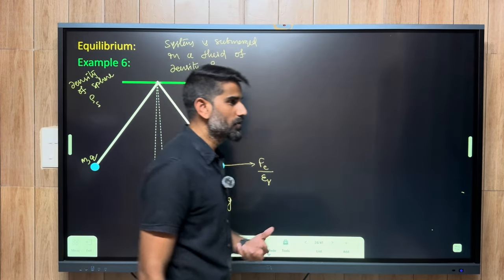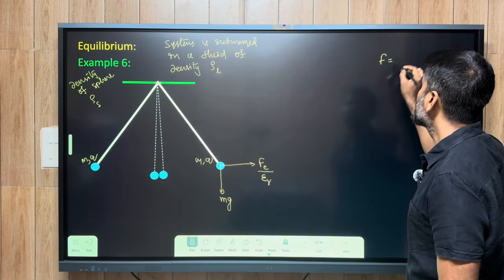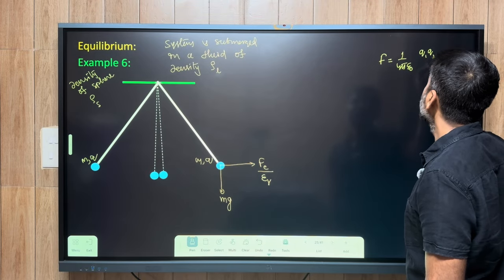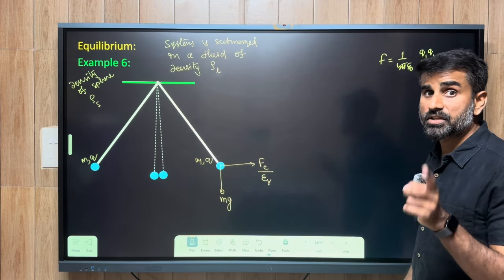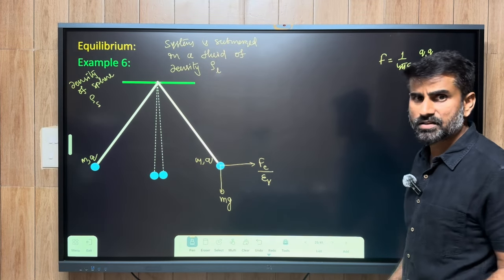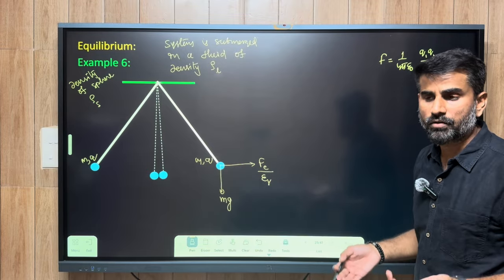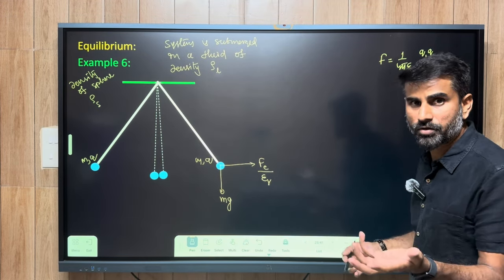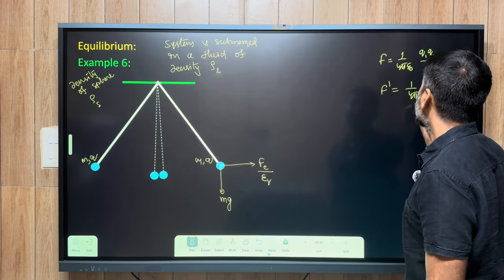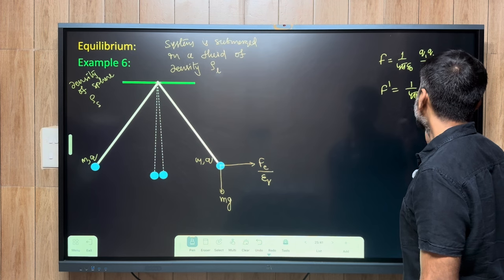If you want me to recollect, I'm going to write the relations. Electric force between the two charges is 1 by 4 pi epsilon naught q1 q2 by r square, if the charges are placed in free space, air medium or vacuum medium. Let's say the charges have been placed in some liquid of dielectric constant epsilon r or relative permittivity epsilon r, then the force F dash is equal to 1 by 4 pi epsilon q1 q2 by r square.